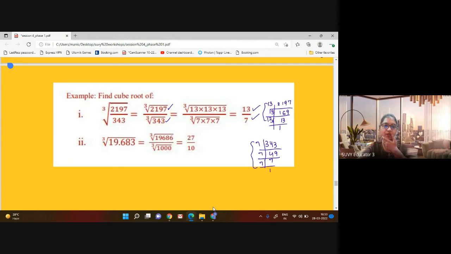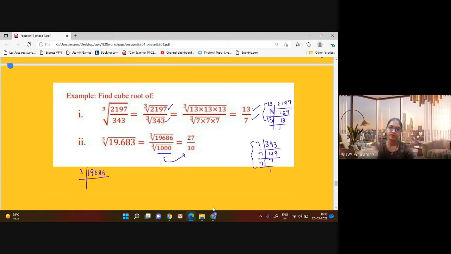Again, when you're talking about decimals, we will take the decimal to the denominator. It means 19683 upon 1000. So 1000 can be directly written as 10 cubed. But 19683, you have to think of a number.